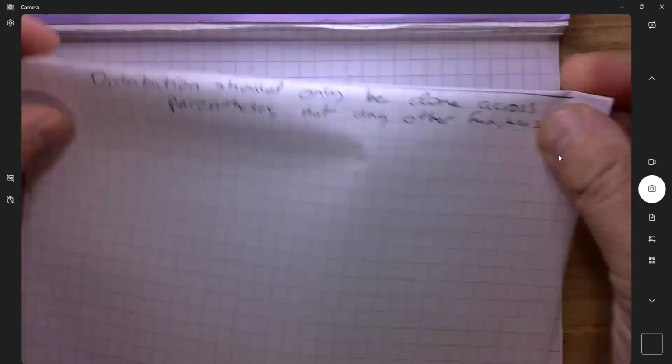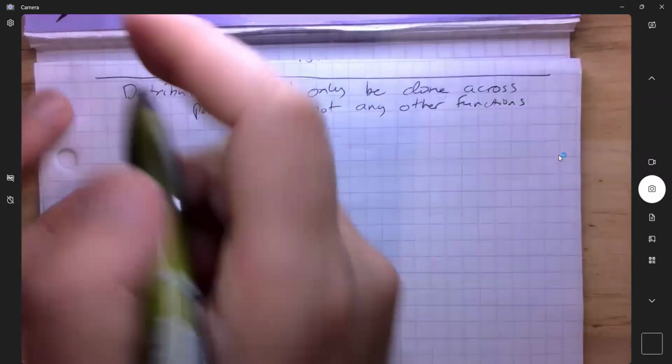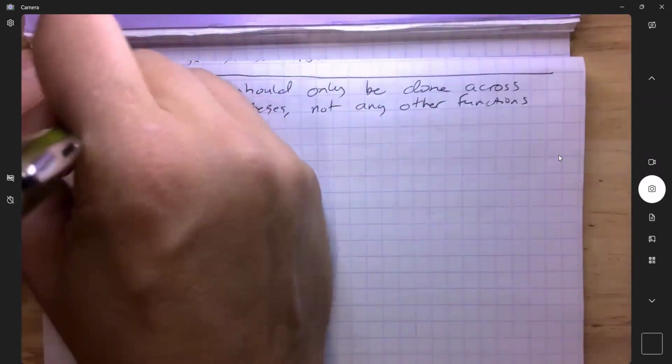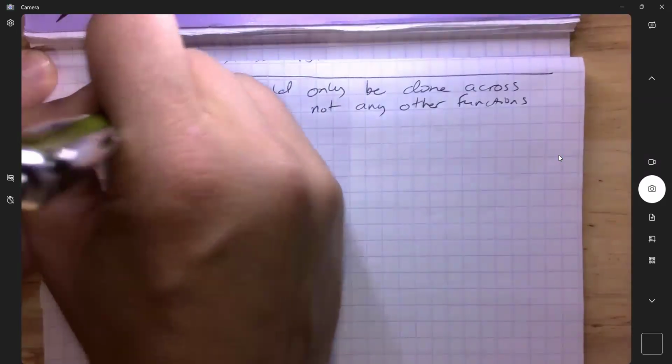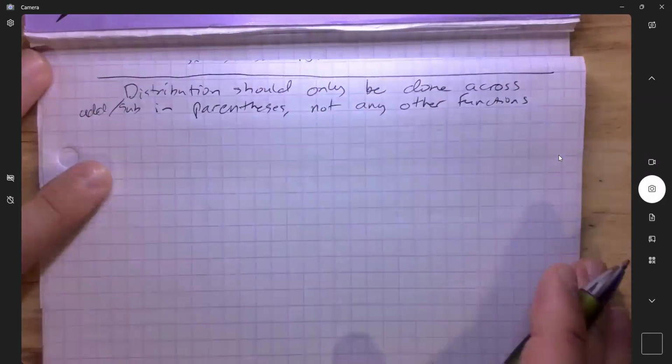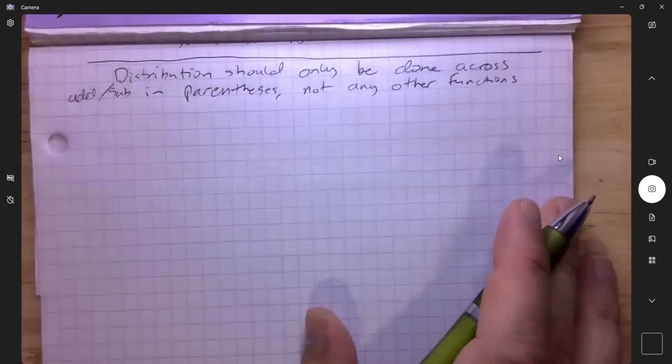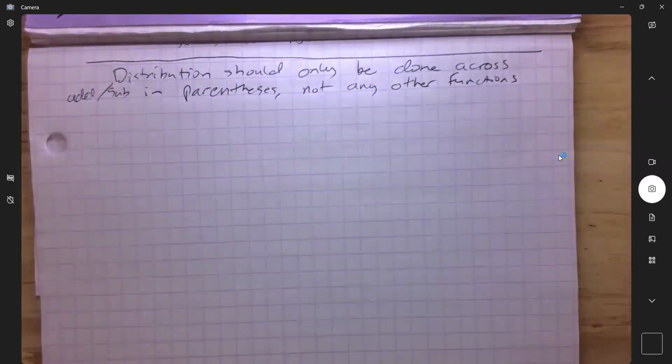And in fact, as we saw before, it should only be done when it's across addition or subtraction inside parentheses. And let me show you a couple examples.